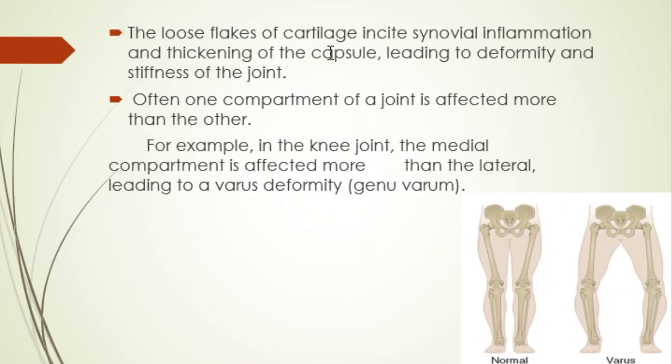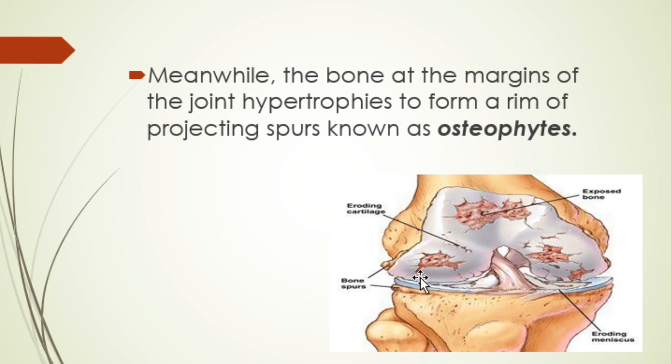The loose flaps of the cartilage inside the synovial membrane and thickening of the capsule lead to deformity and stiffness of the joint, and these projecting spurs inside the synovial cavity cause inflammation, which causes the deformity and stiffness in the joint with much more pain.